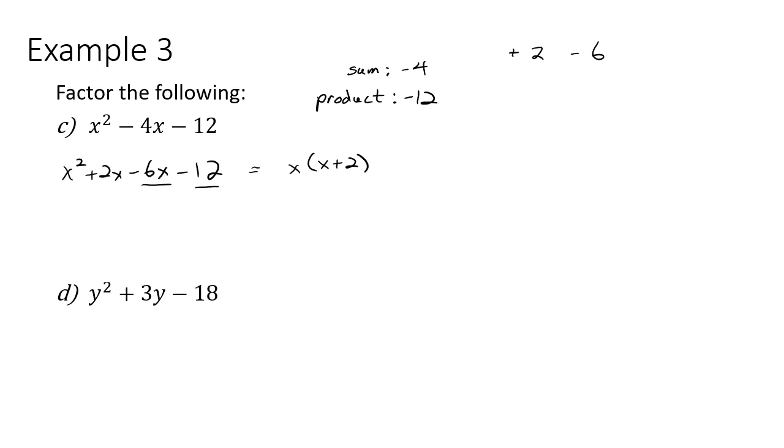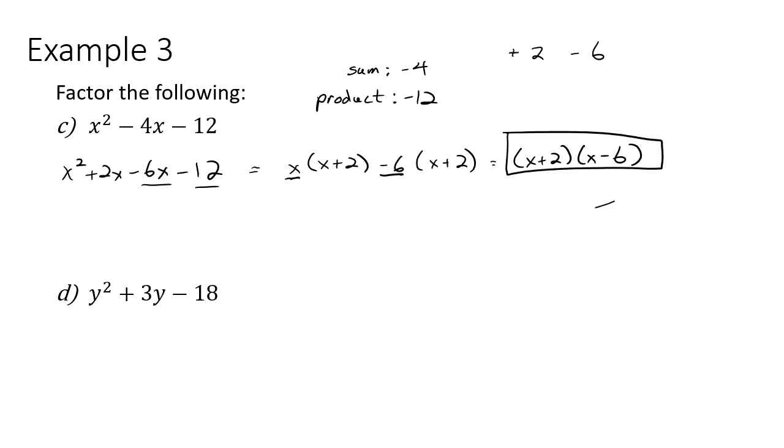And between the second two terms, I'm going to factor out a minus 6, which would also leave me with x plus 2. And then if I factor out the x plus 2 in common, that would leave me with x plus 2 times x minus 6.